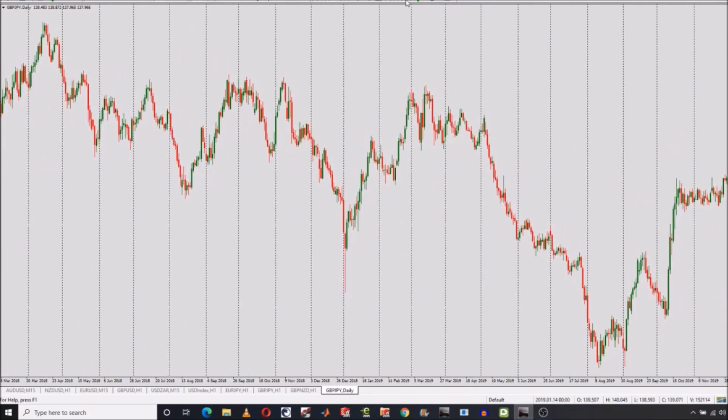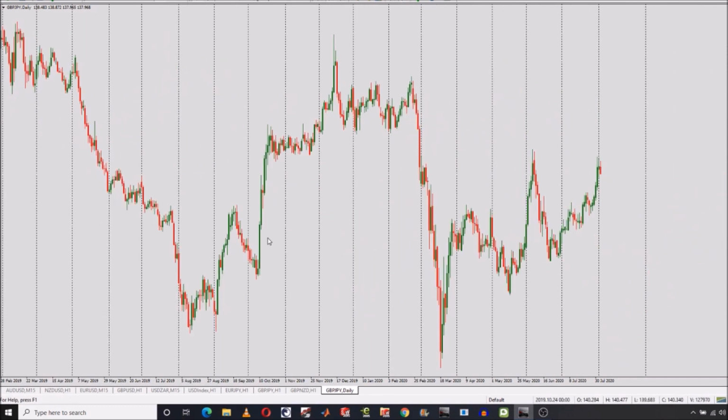As you can see, from the daily time frame, this was the first peak, then from that peak we had another one here, from that one another one here, from that one to there, then from this point to this point.